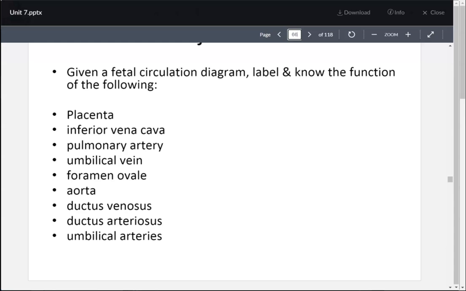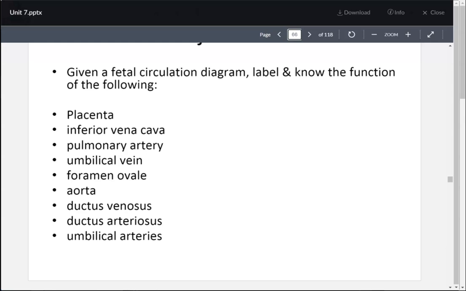Although the newborn's is a little bit more similar to the fetal, but things rapidly change. So one of the things is the fact that a lot of the functions of like the liver and such are actually taken up by the placenta.